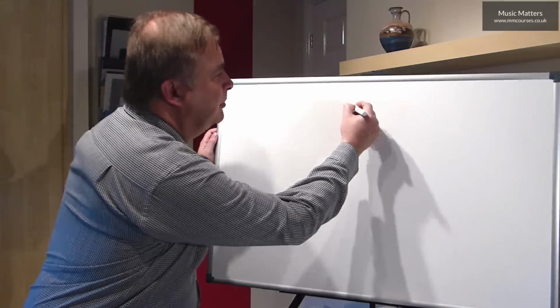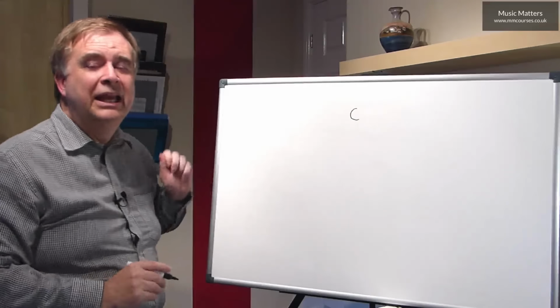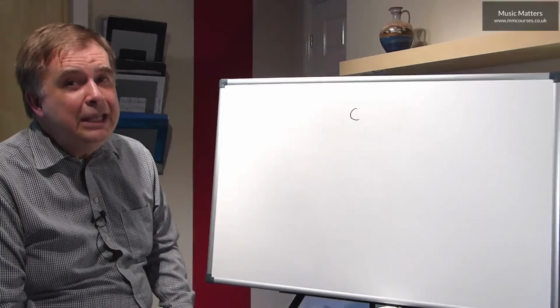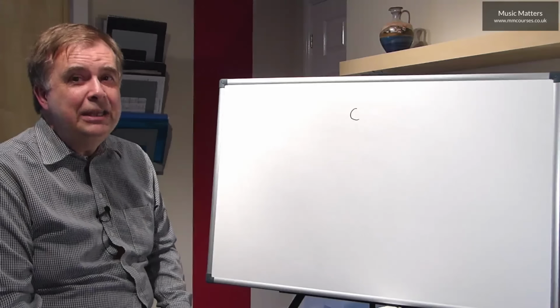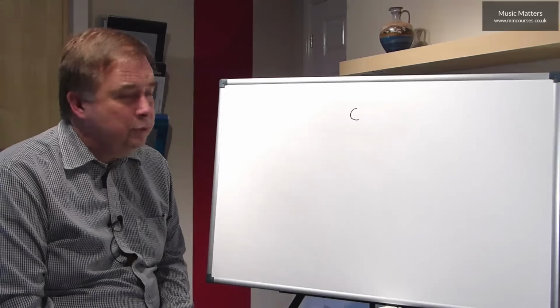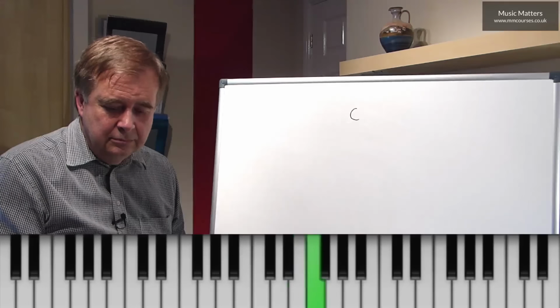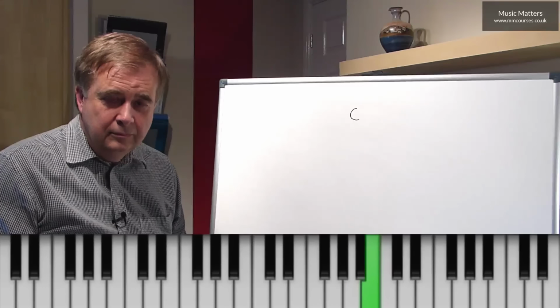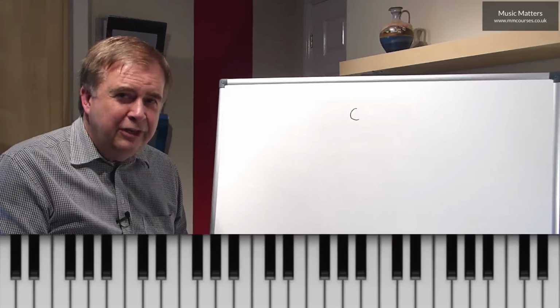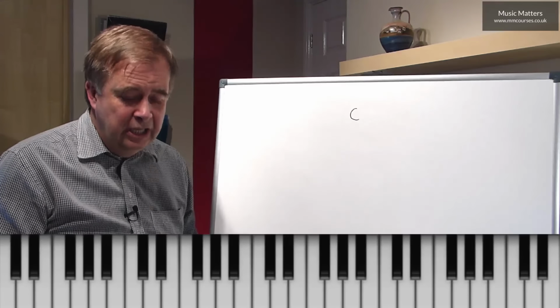And I'm going to start by putting C at the top of the circle. C for C major, because C major is the key that has no sharps and no flats. And it follows a pattern for major scales that we've learnt about in earlier sessions.